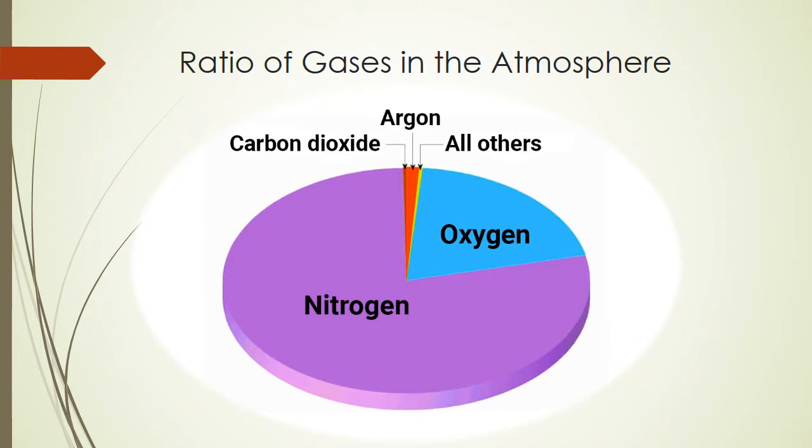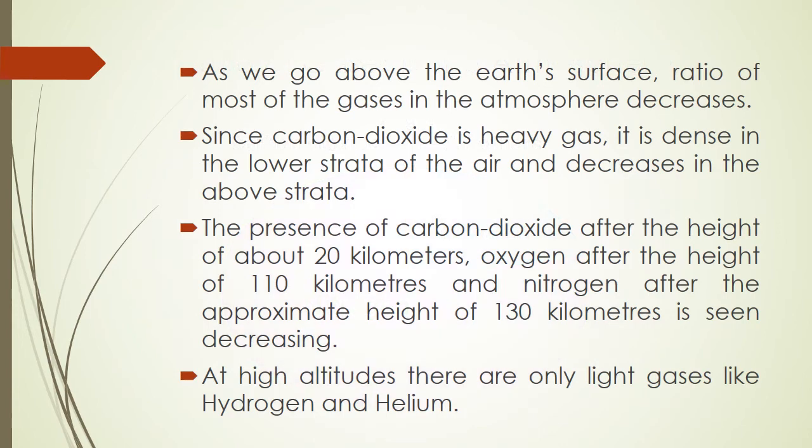There are various other gases, but still these can be the basic detail which is necessary for you to understand that the maximum is nitrogen. And next comes oxygen. Nitrogen with 78% and oxygen 20.9%.